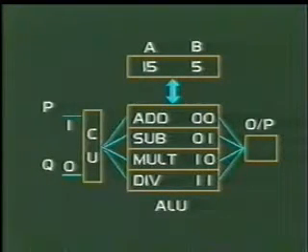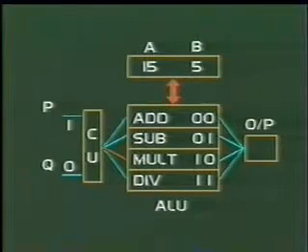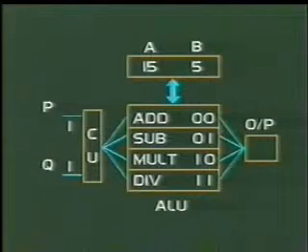It will multiply and the output is 75. Make the input 1, 1, the output is 3.